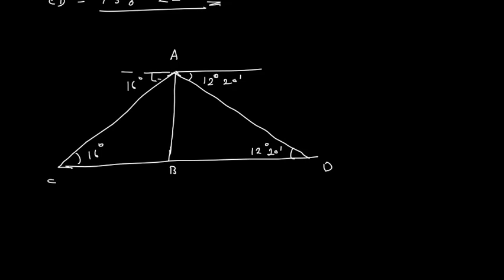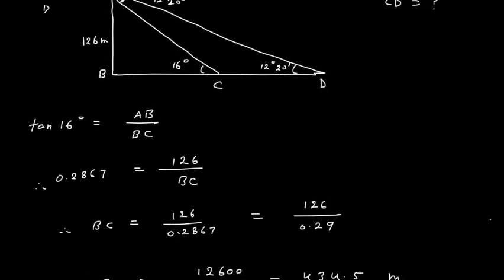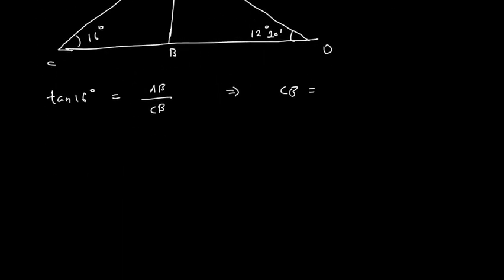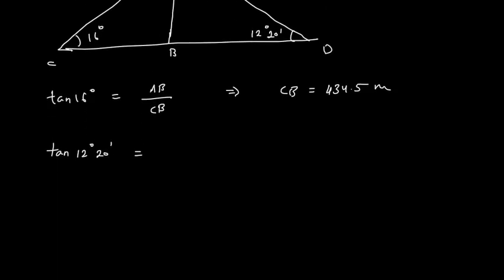Now again the formulas are going to be the same. Tan of 16 degree will be equal to AB divided by CB. So from here you simplify and you will get the value of CB, as for 16 degree we calculated, it is 434.5 meter. And similarly tan of 12 degree 20 minute will be equal to AB upon BD.